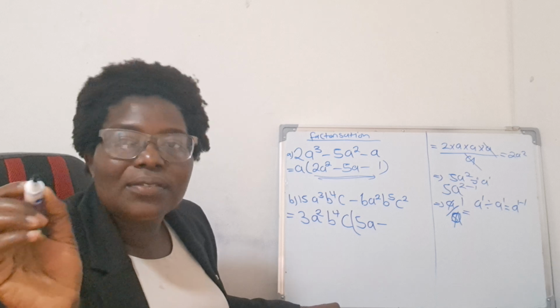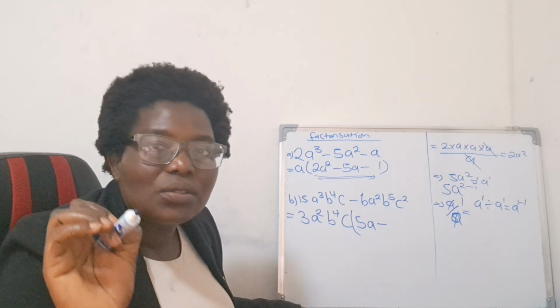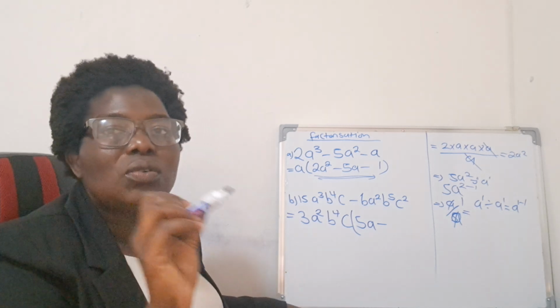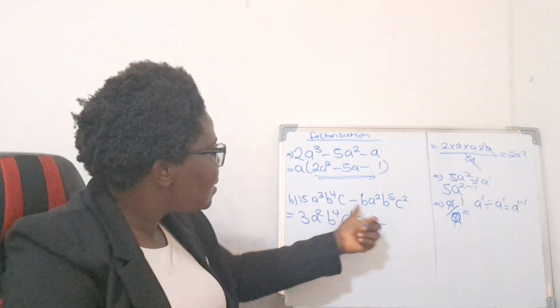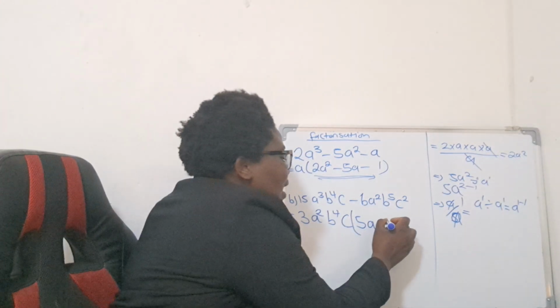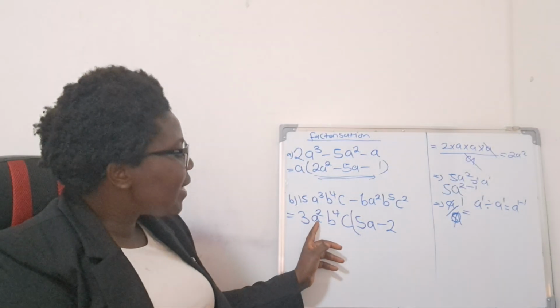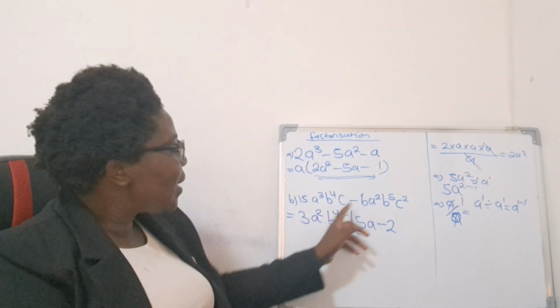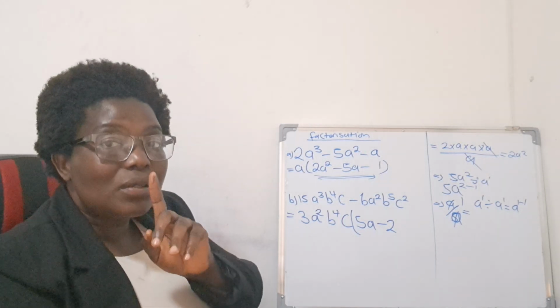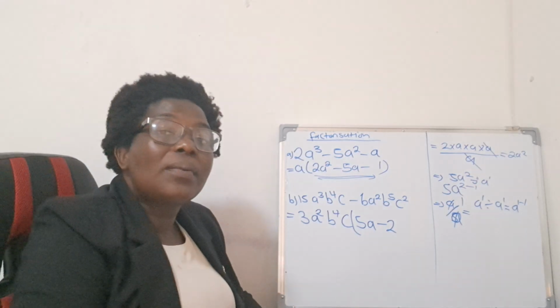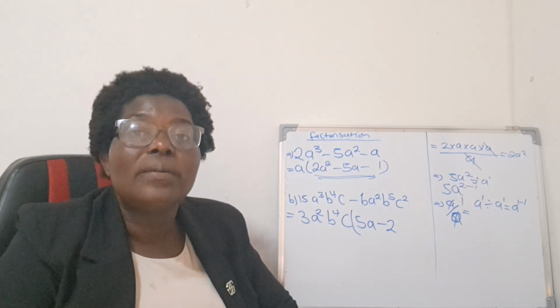You can't divide cats and donkeys. You need to use what we call like terms. So 6 divided by 3 gives us 2. A to the power 2 divided by a to the power 2 is 2 minus 2, which gives a to the power 0, and that is equivalent to 1.